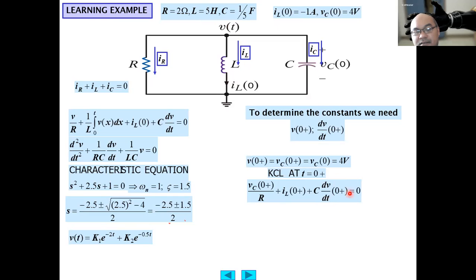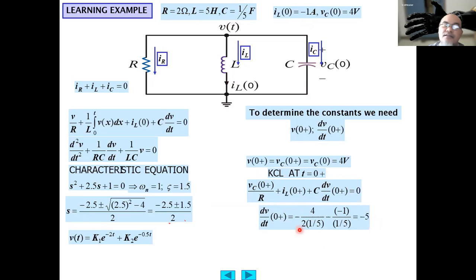We want to find dV/dt at 0 plus. This is 4 divided by 2 ohm, plus IL, which is known, minus 1 ampere, all divided by C, which is 1/5. So we obtain the initial condition of the first derivative of the voltage, equal to minus 5.